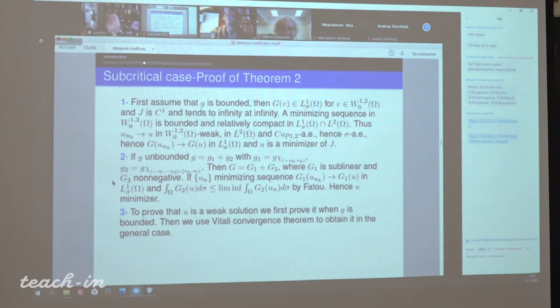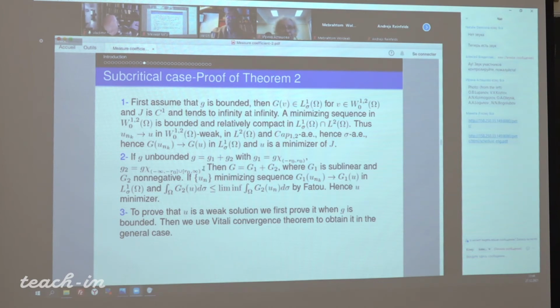Now, if J is unbounded, in that case, we write J as J1 plus J2, where J1 is J restricted to the interval minus rho 0, rho 0, and J2 is J on the remaining part of R, R minus this interval. So J2 is monotone and J1 is bounded.